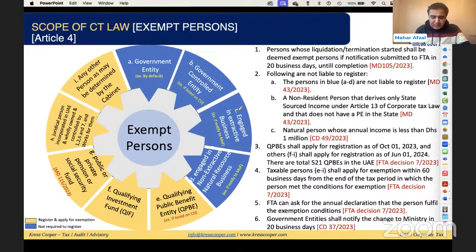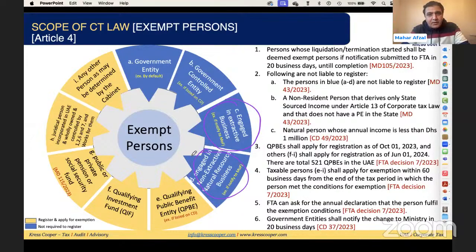You can see the entities involved in the extraction of natural resources and the entities engaged in non-extractive natural resource businesses. We said these two types of businesses will be exempt from corporate tax as well.